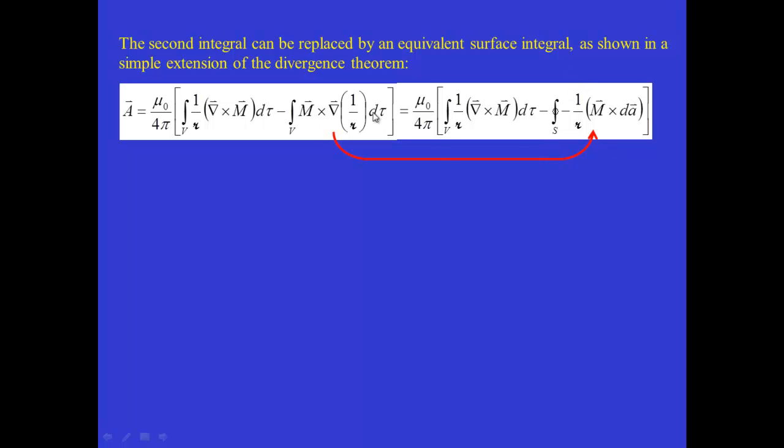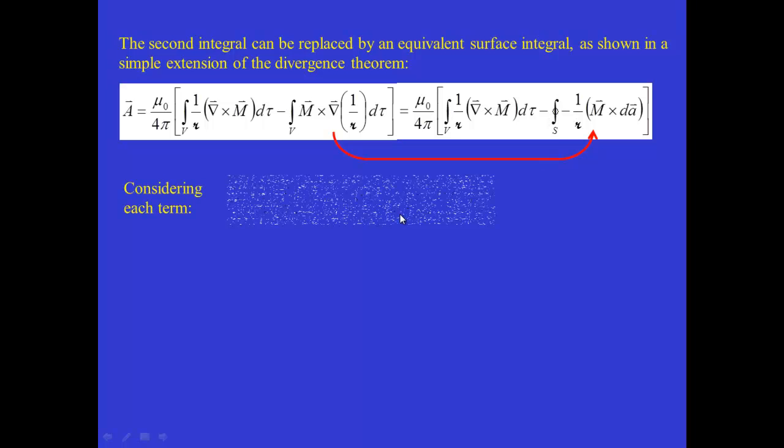This is the volume of the magnetized object, and here we're integrating over the surface which forms the boundary of that object. Notice that this integrand is replaced by this term where there's a minus sign in the surface integral. So minus the negative gives us a positive.